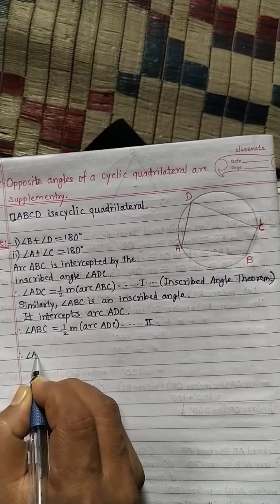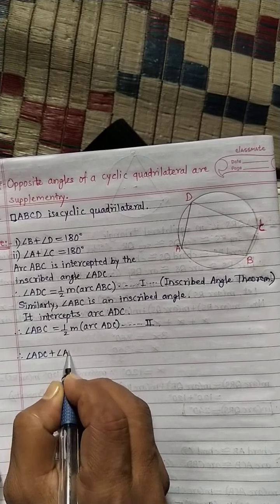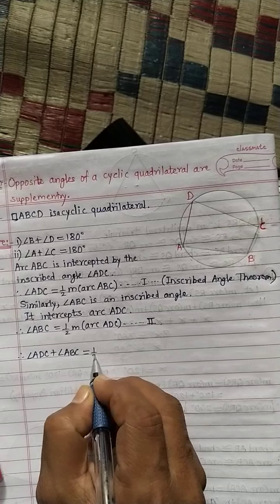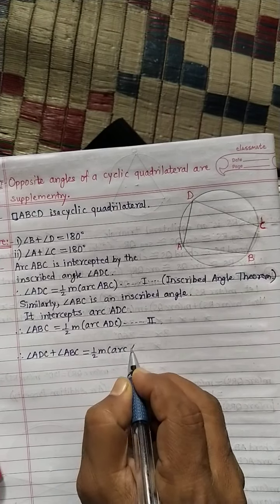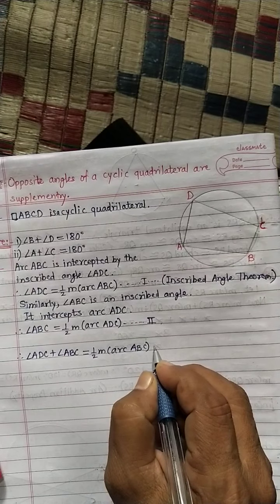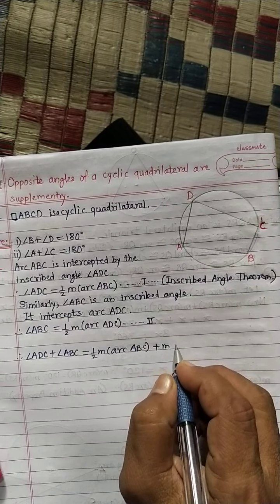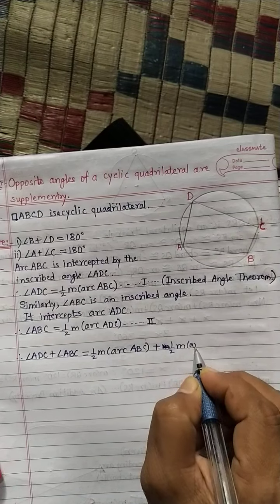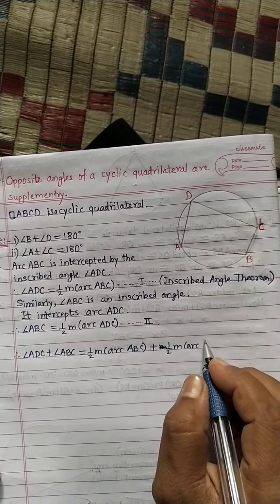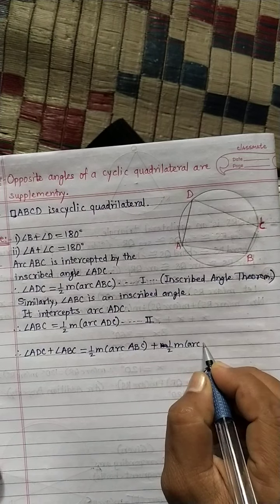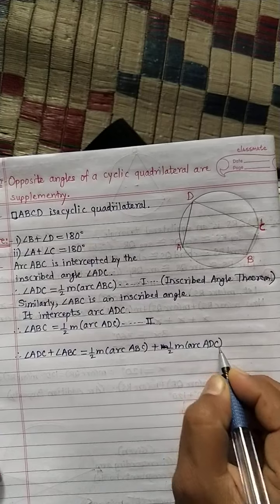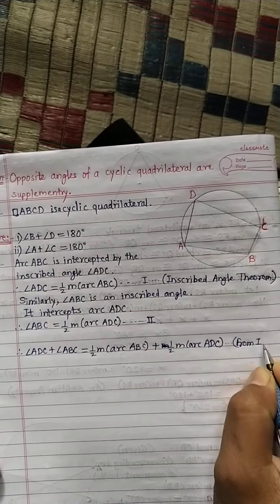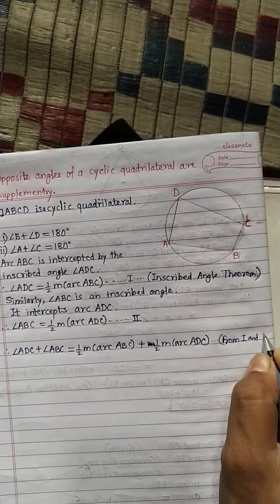So angle ADC plus angle ABC is equal to half the measure of arc ABC plus half the measure of arc ADC, and here the reason is from 1 and 2.